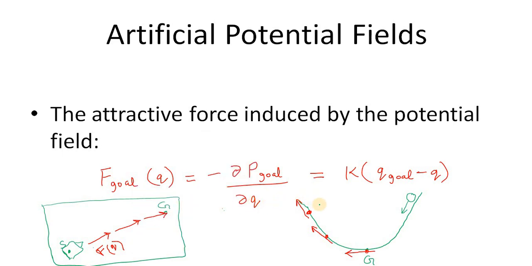So if your robot is here, it will move in the negative of this partial derivative. Okay, the derivative is in this direction and the robot will move in the opposite direction, negative of this. So it will move here and then here, and then finally when it reaches the lowest point, then it will stop.